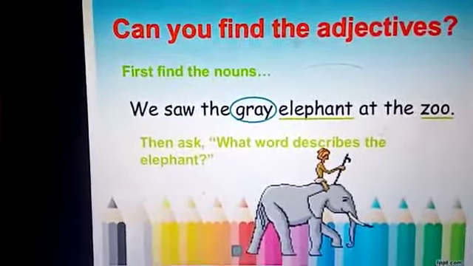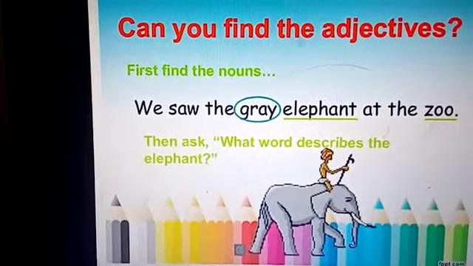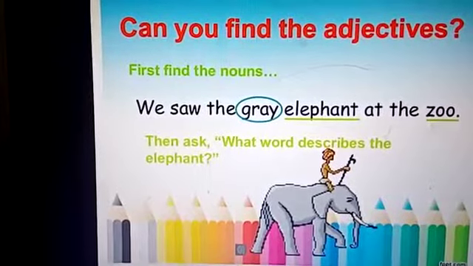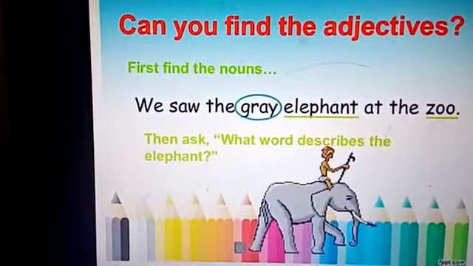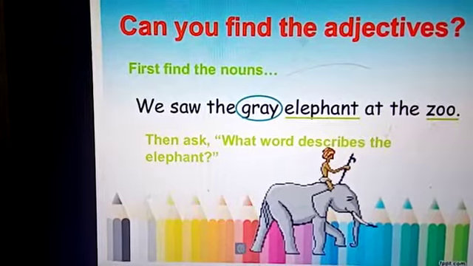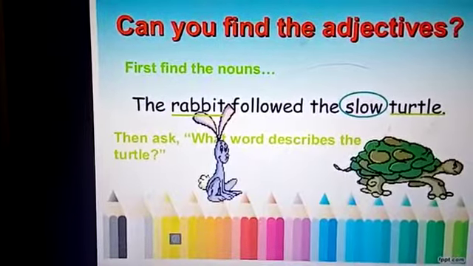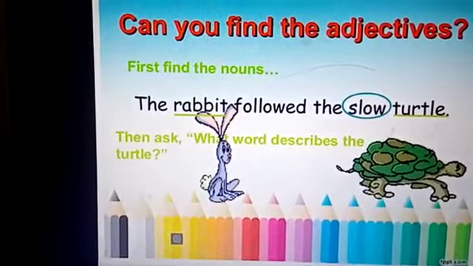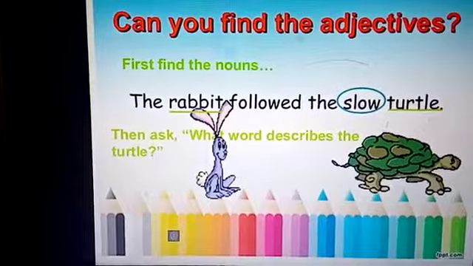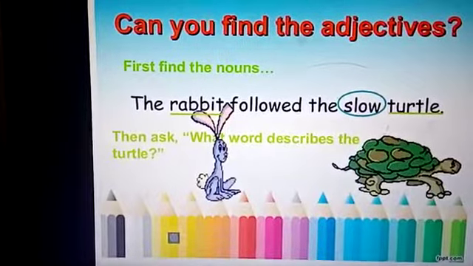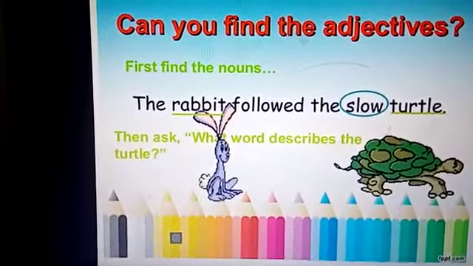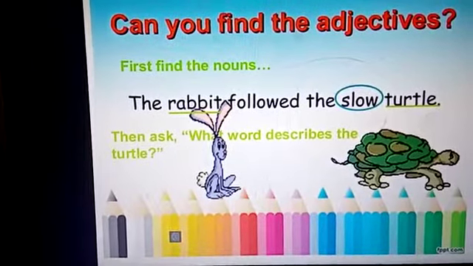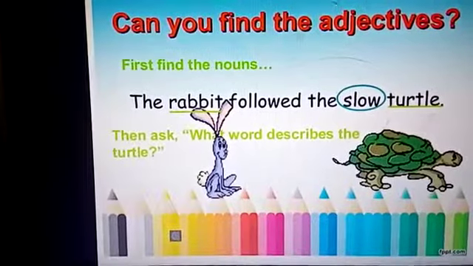Some more examples you can see. We saw the grey elephant at the zoo. Grey elephant, which describes the elephant. What kind of elephant? So grey elephant. The rabbit followed the slow turtle. This describes the turtle. What kind of turtle? So slow turtle. This shows the quality of the turtle. Slow is an adjective here.